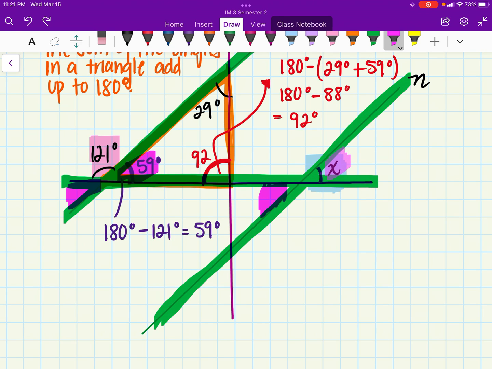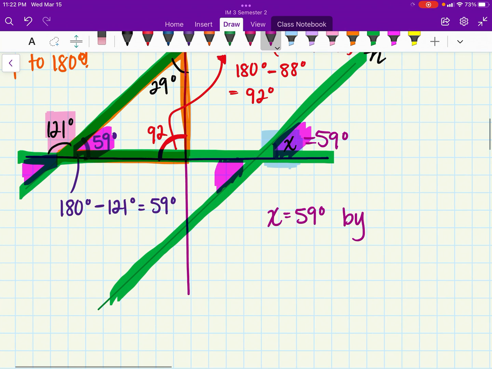And that being said, now makes x and this angle vertical angles. Therefore, x for us is going to be equal to 59 degrees. So in this case, x is equal to 59 degrees by, I don't know, we can say corresponding angles.